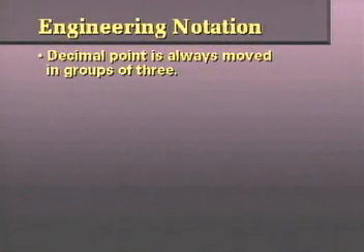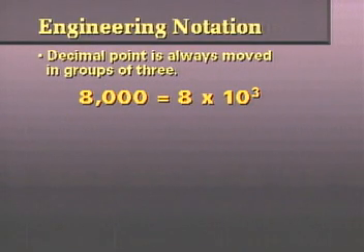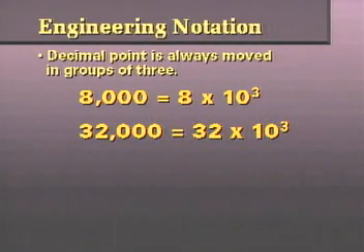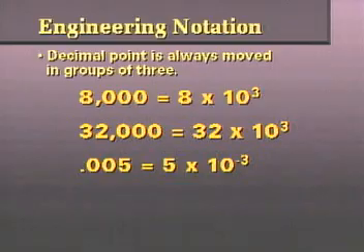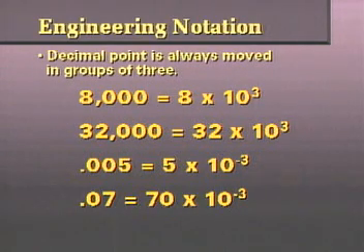In engineering notation, the decimal point is always moved in groups of 3, as opposed to the digit, point, digit, digit form of scientific notation. 8,000 in engineering notation, for example, would be written as 8 times 10 to the 3rd power. 32,000 would be written as 32 times 10 to the 3rd power. 0.005 would be written as 5 times 10 to the negative 3rd power, and 0.07 would be written as 70 times 10 to the negative 3rd power.